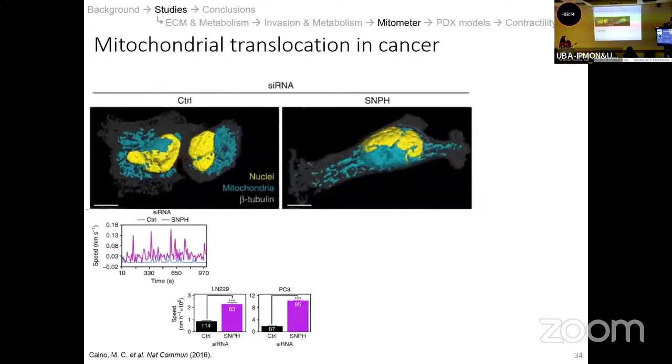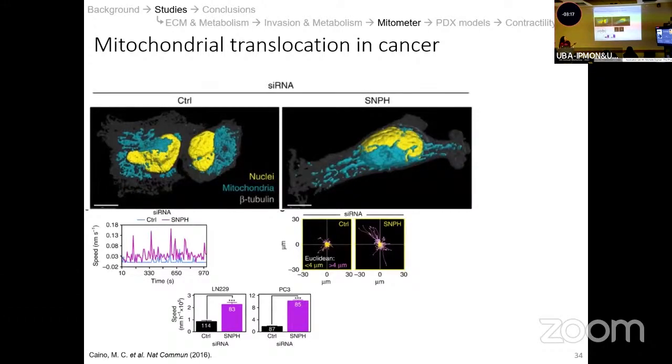So we're interested in mitochondria, and there's a lot of work saying that mitochondria translocation in cancer cells is important. So there is a protein called synaptophilin. Synaptophilin can be shut down using siRNA. And what happens is if you don't shut down synaptophilin, the cells cannot move very far from the origin. So these are traces of cells moving from this origin.